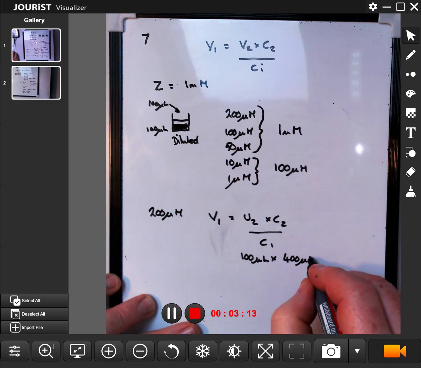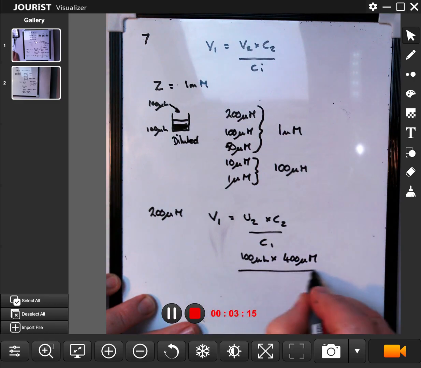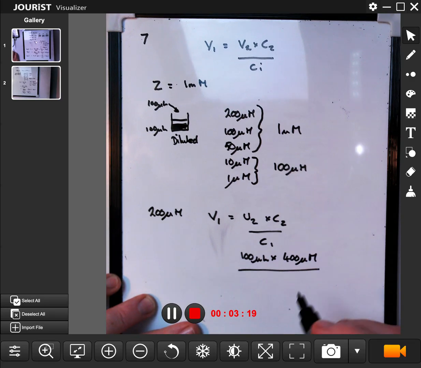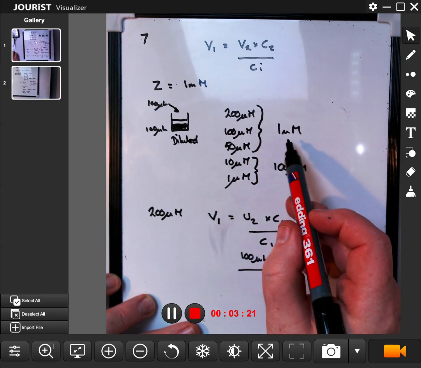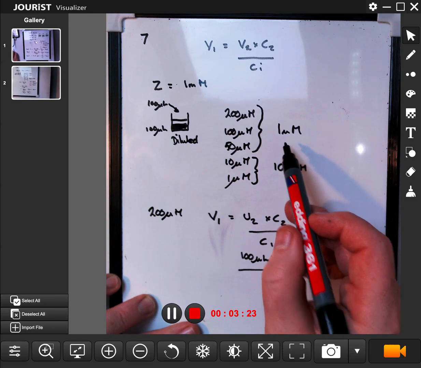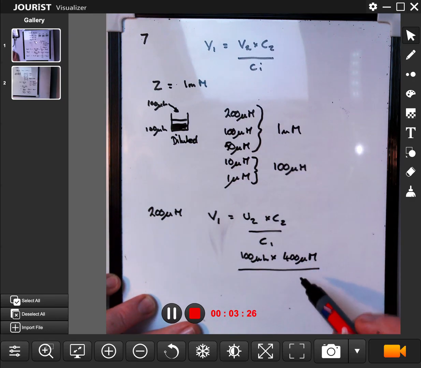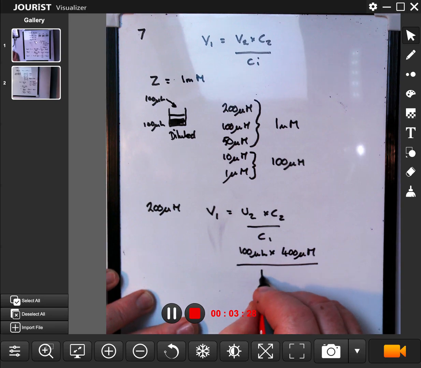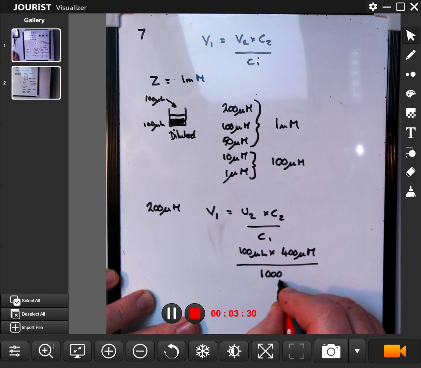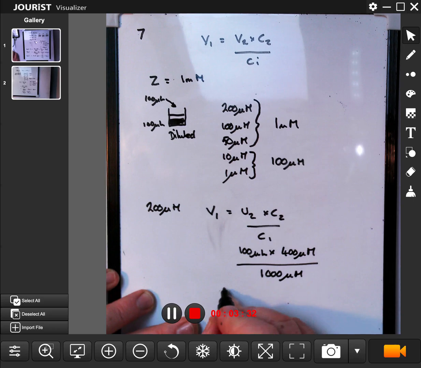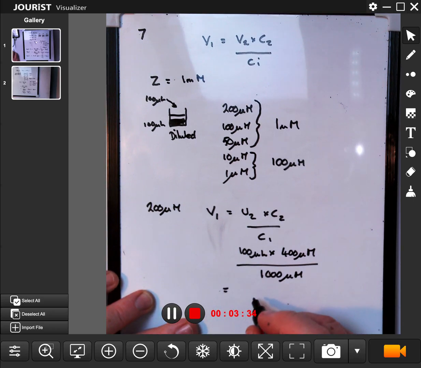micromoles here. And C1 is the concentration of stock. So our stock is 1 millimole, but we're working in micromoles here, so we need to convert that. So that's going to be 1,000 micromoles. Okay, when we do that little sum, we end up with 40 microliters.